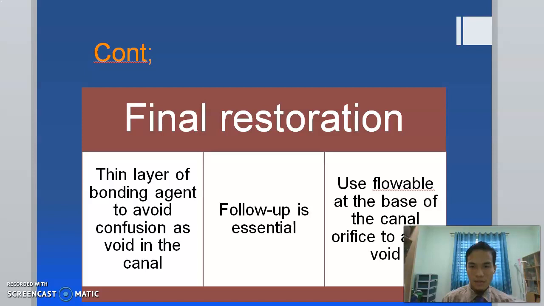We mostly use flowable at the base of the orifice to avoid voids, and then layer by layer we fill up using normal composite resin. I think that's all for me.